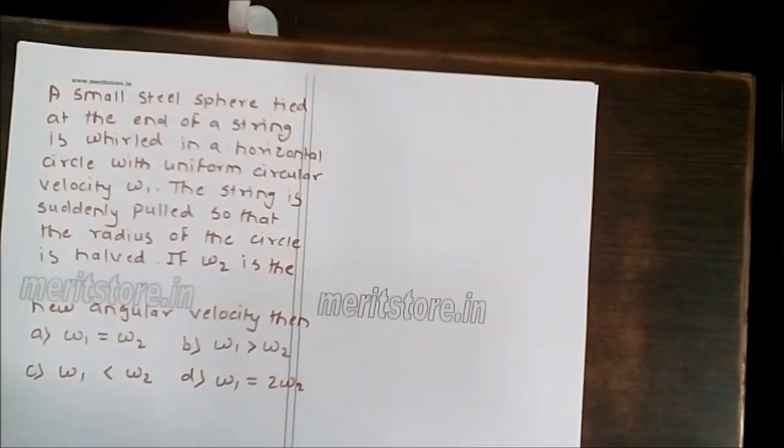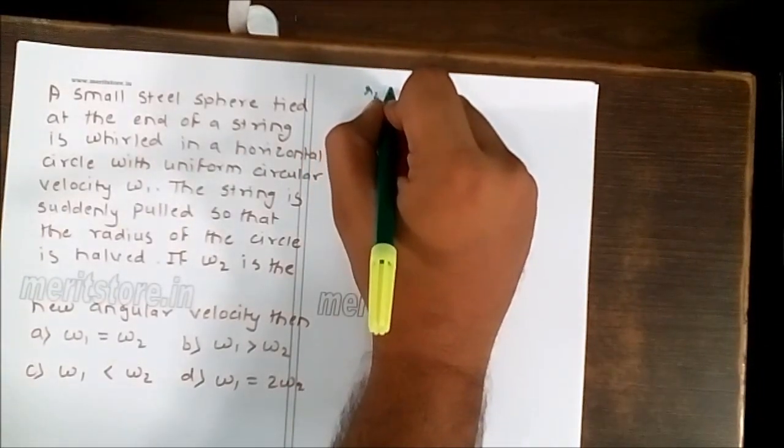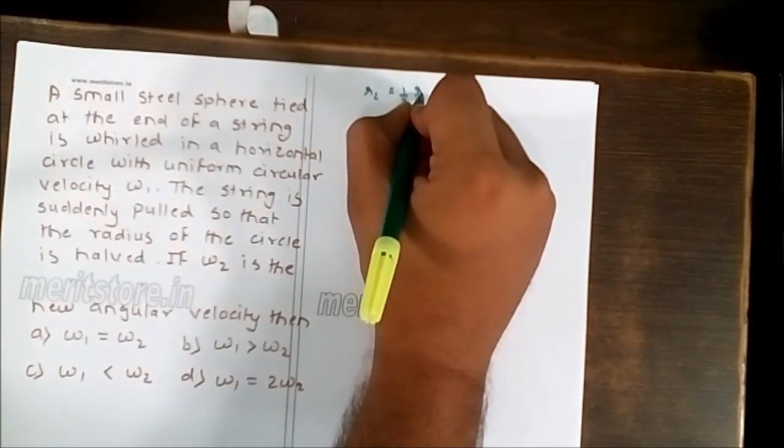A small steel sphere tied at the end of a string is whirled in a horizontal circle with uniform angular velocity omega 1. The string is suddenly pulled so that the radius of the circle is halved. Alright, so I would say R2 is equal to half of R1.